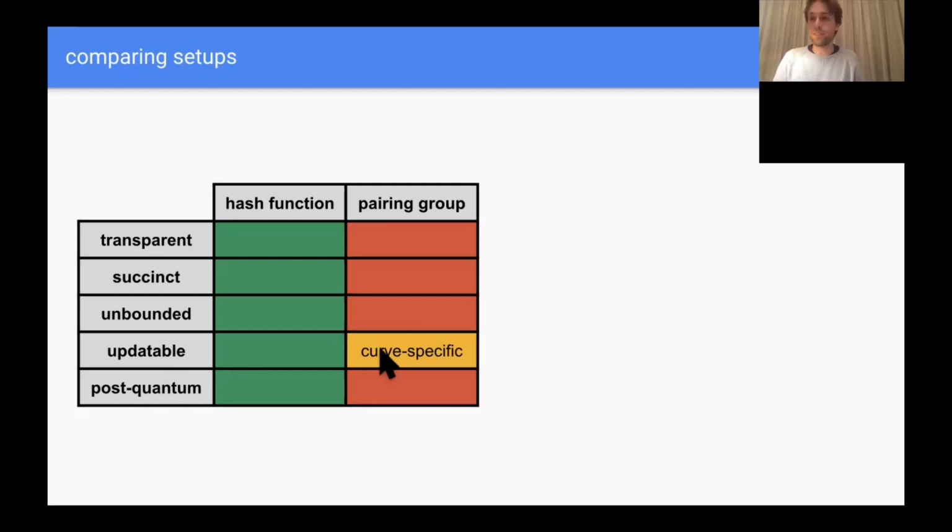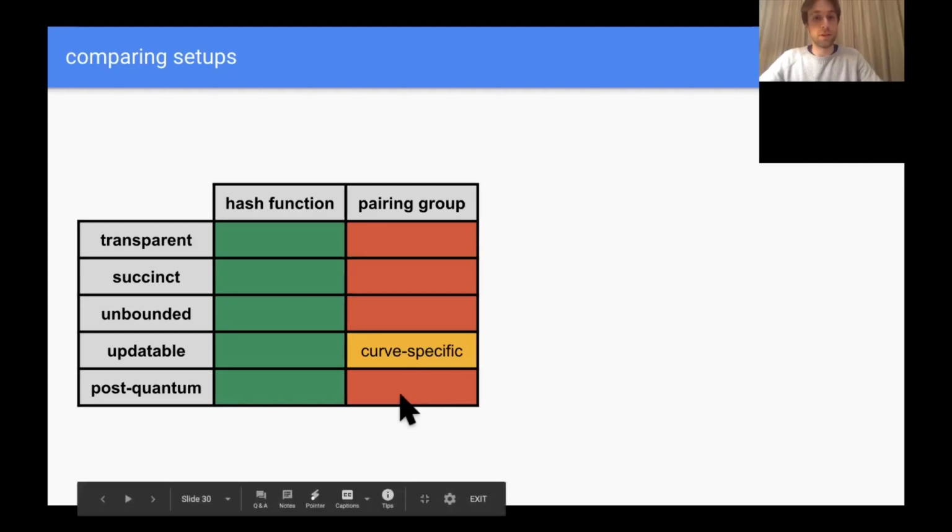It's updatable, but there's a lot of caveats here. One is that there are lots of pairing-friendly groups. There's BN254, BLS12-381, and people are looking into recursion-friendly stuff like MNT4, MNT6, BLS12-377. Basically for every one of these curves you have to do a different setup, which is not fantastic, and it's also not post-quantum.